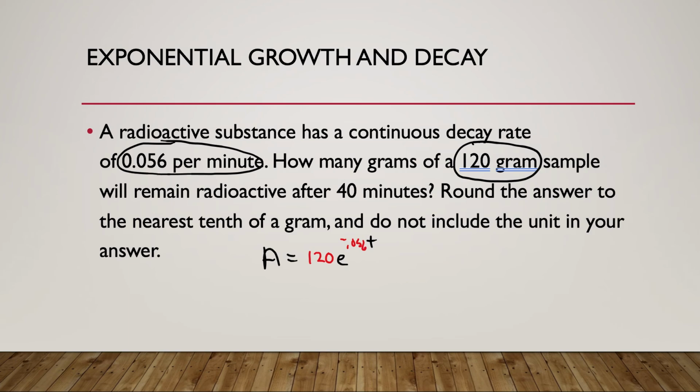Our time is 40 minutes, so I'll put a 40 in for the T. Again, at that point, it's just a matter of putting it in your calculator. When I type that in, I get 12.775 for my answer, and it says to round to the nearest tenth of a gram, so I'm looking at 12.8.